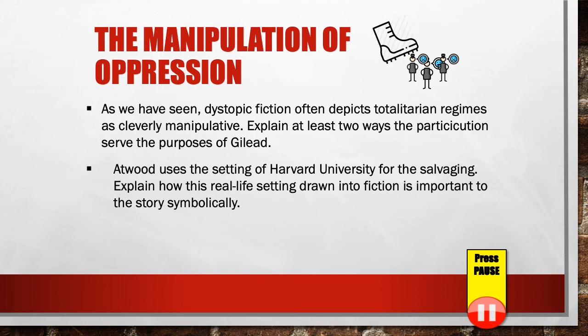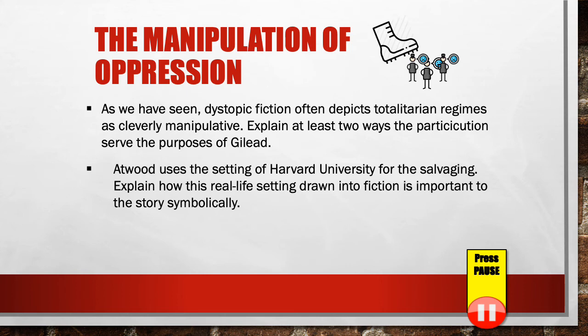It's meant to be a deterrent as well, discouraging other potential rebels who will face the possibility of dying, ironically, at the hands of those that they were trying to help.